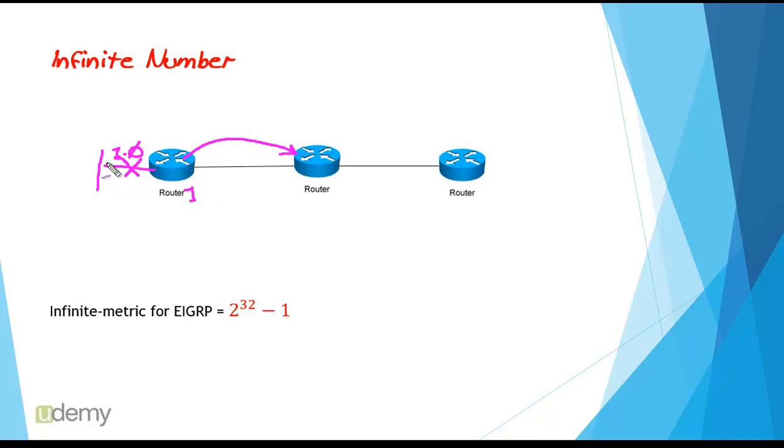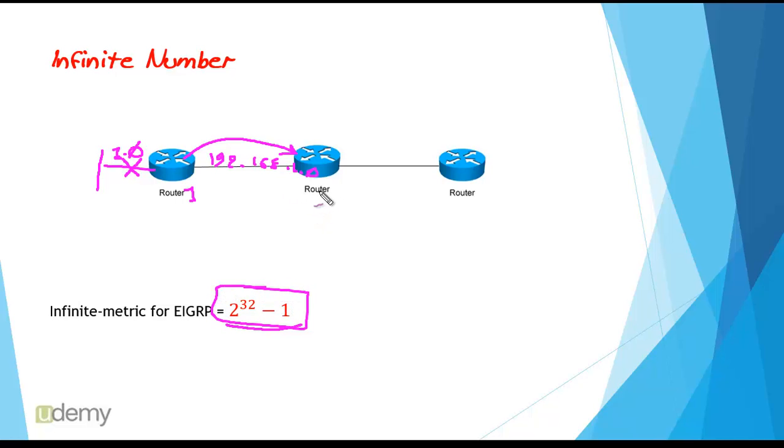So when the network 192.168.1.0 fails, router 1 advertises this route and tells that 192.168.1.0 with the specified subnet mask is reachable from me, but with the infinite metric, which is 2 to the power of 32 minus 1 in EIGRP, and puts this number in the metric field.